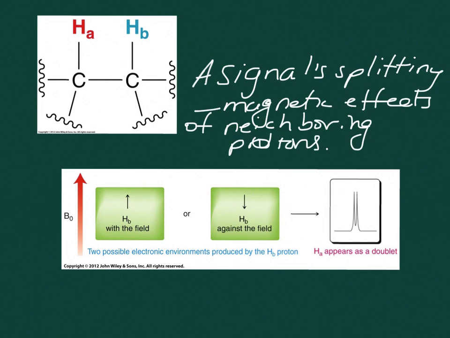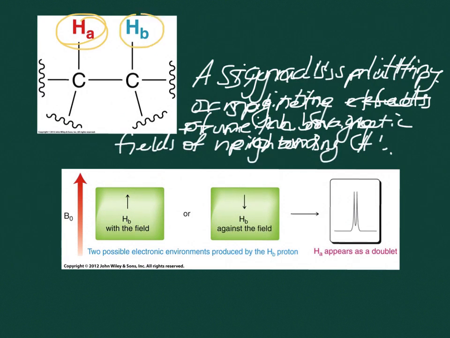So, we have HA, and it can feel the magnetic field of HB. When you apply the magnetic field, some of HB will align and be in the alpha state, and other HB hydrogens will not align and be in the beta state.